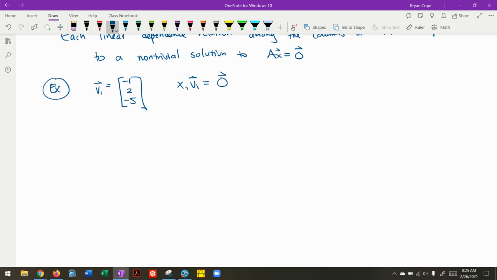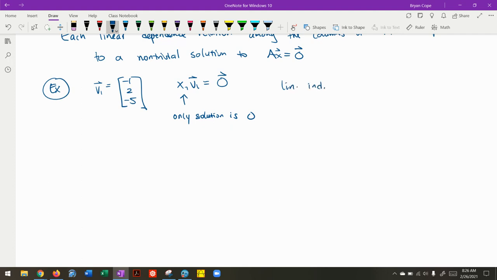Is there any other number that I could put on x1 to achieve the 0 vector? No, the only solution that's going to work here is 0, right? So this equation has only the trivial solution. So a set that only contains one vector is linearly independent.